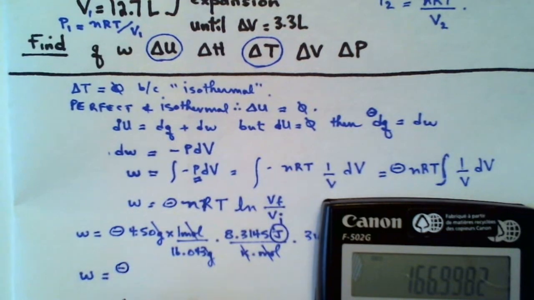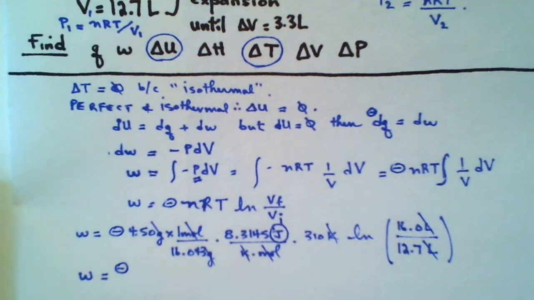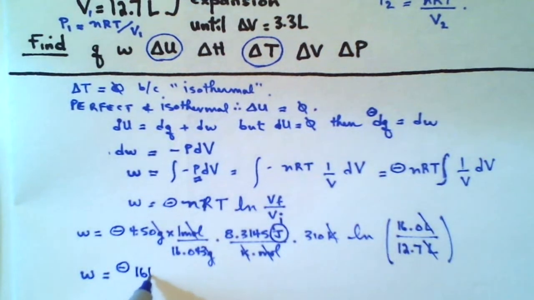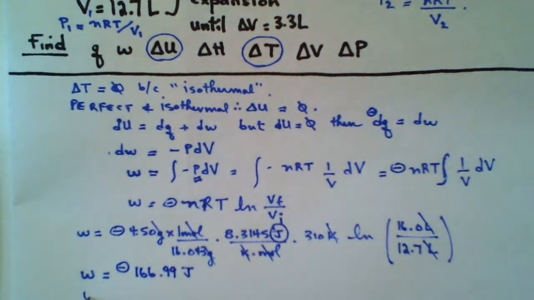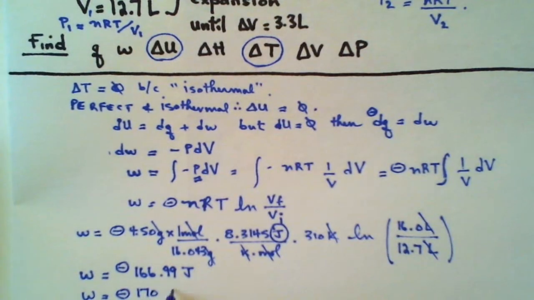Carrying the negative sign, it's 166.9982, and I want 2 significant figures on this answer. 166.99 joules becomes, it's too bad that wasn't 310 point, and I could keep 3 digits, but this is 170. So there's my W, my first non-zero.